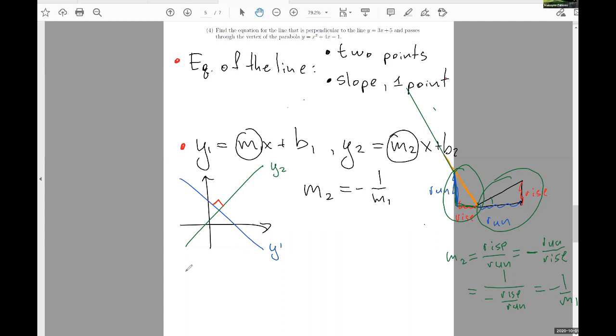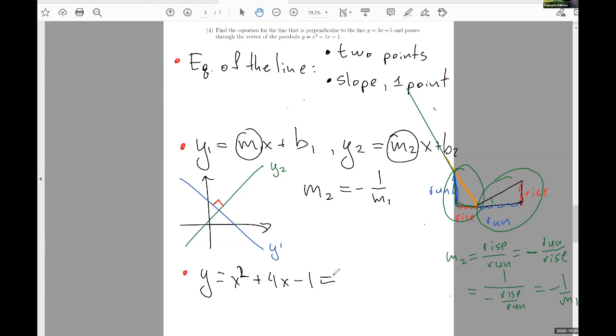And the third fact: if you have y = x squared + 4x - 1, can you tell me what you need to do to find the vertex of the parabola in this case? How to find the vertex? I'm going to say the phrase which you're not going to like.